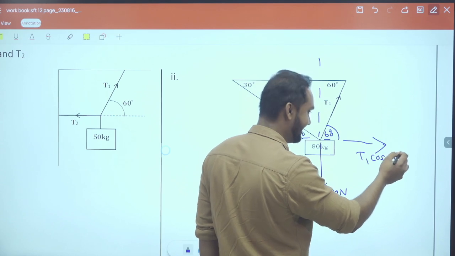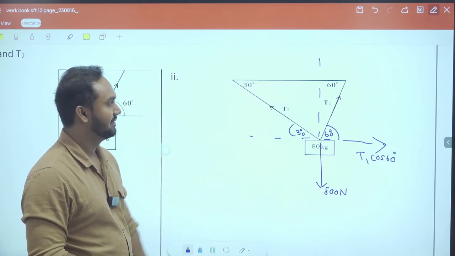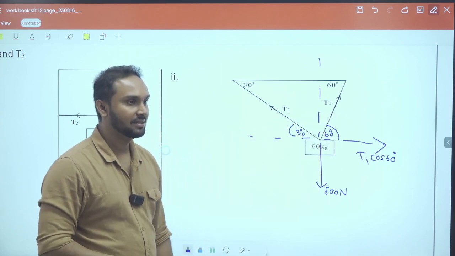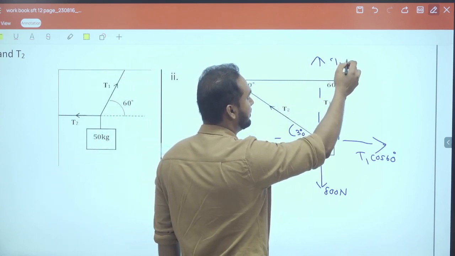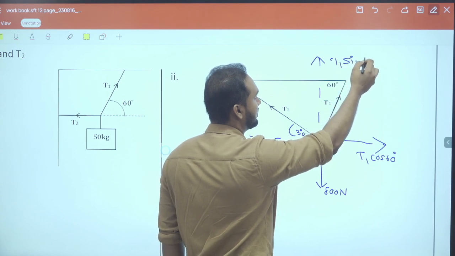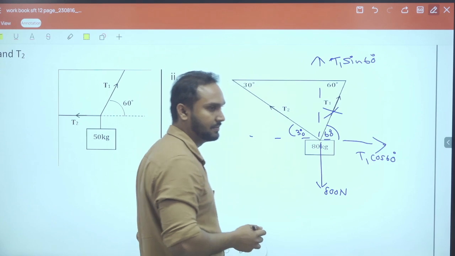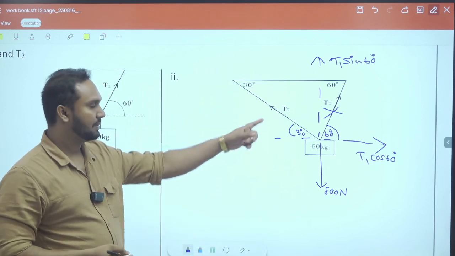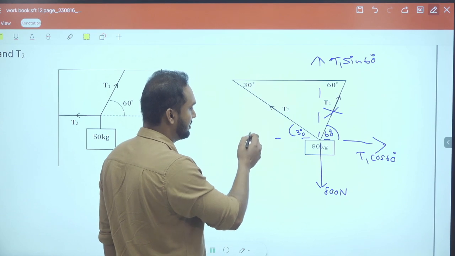Right. No worries. The other component of T1? T1 sin 60 acting upwards. Now you can cancel out the T1, we don't need it there. What about T2?